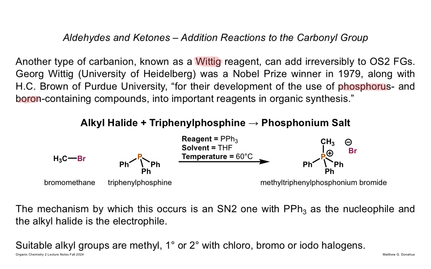So the Wittig reaction, overall what it's doing is it's taking an aldehyde or a ketone and it's going to make an alkene. And to do that, we have to learn how to make the Wittig reagents. So there's 2 things that happen. The first is an SN2 reaction, where we have some alkyl halide.